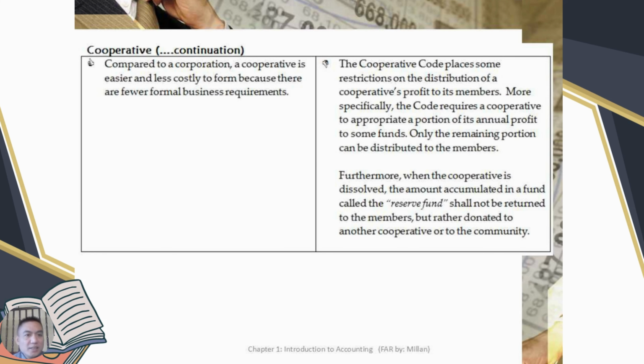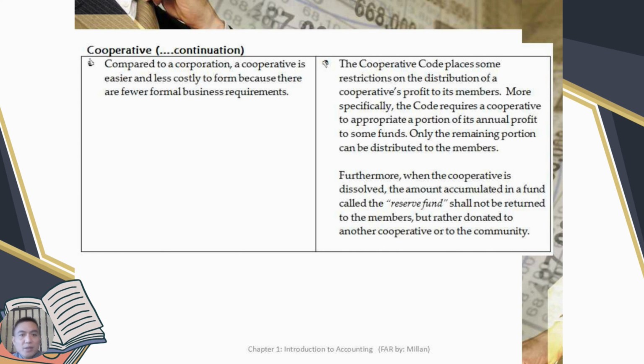In addition to advantages, compared to a corporation, a cooperative is easier and less costly to form because there are fewer formal business requirements. For the disadvantages, the Cooperative Code places some restrictions on the distribution of a cooperative's profit to its members.